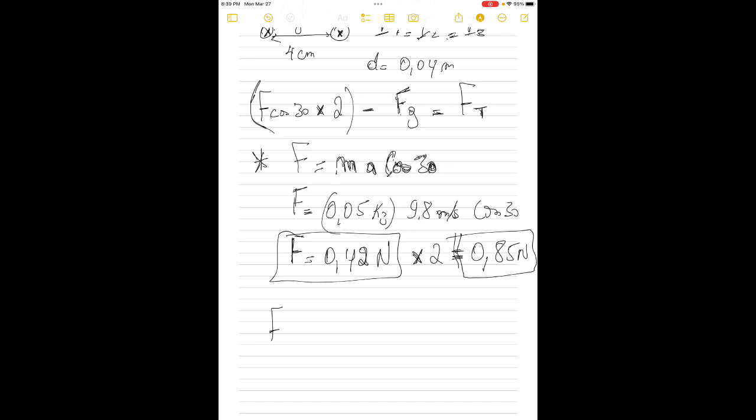And then we know that F1 plus F2 minus F3, so 0.85 Newton minus 0.49.